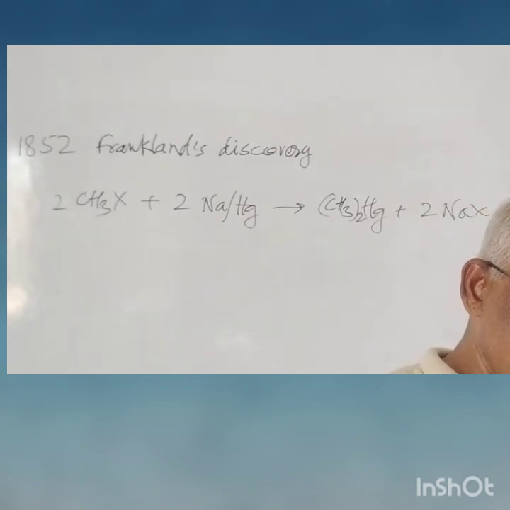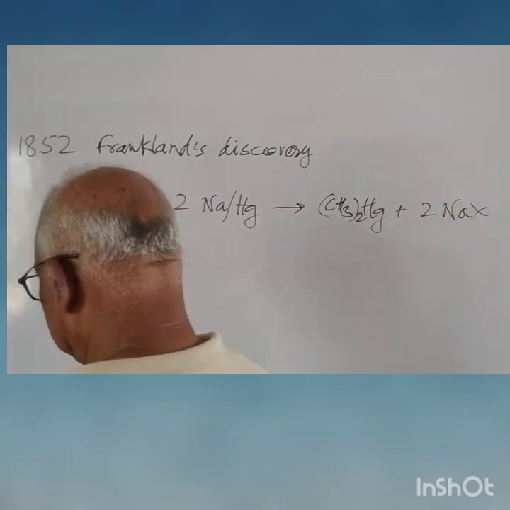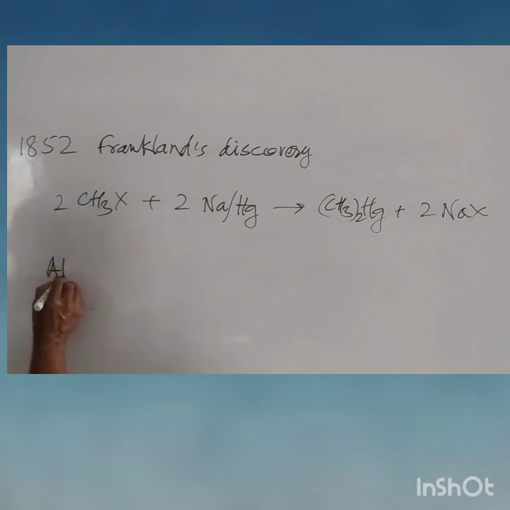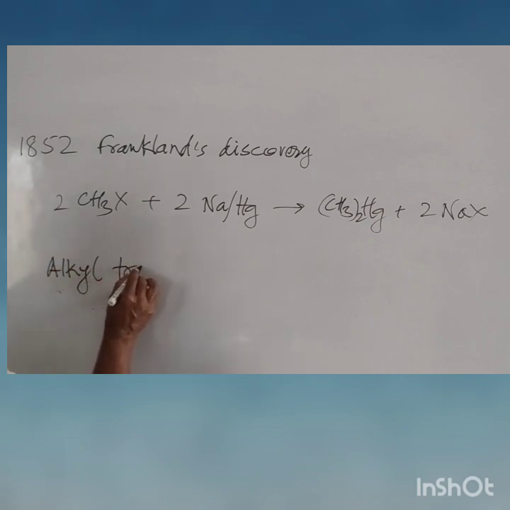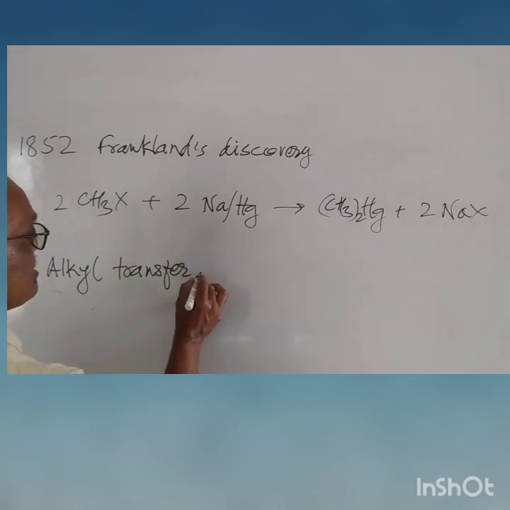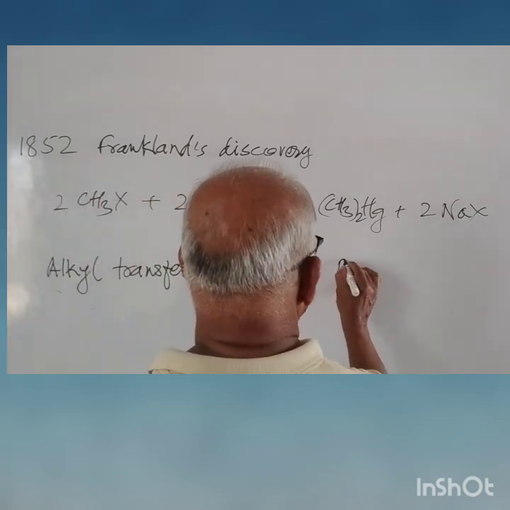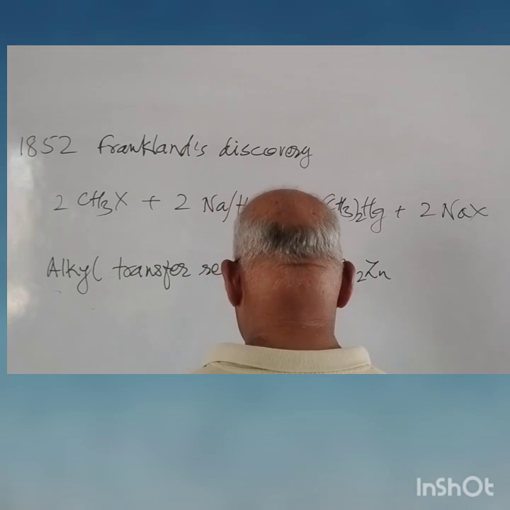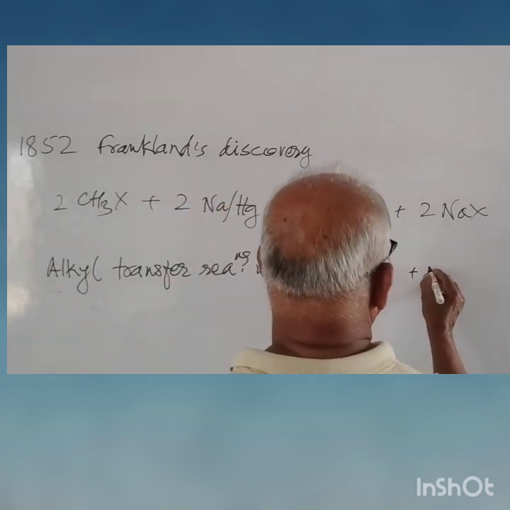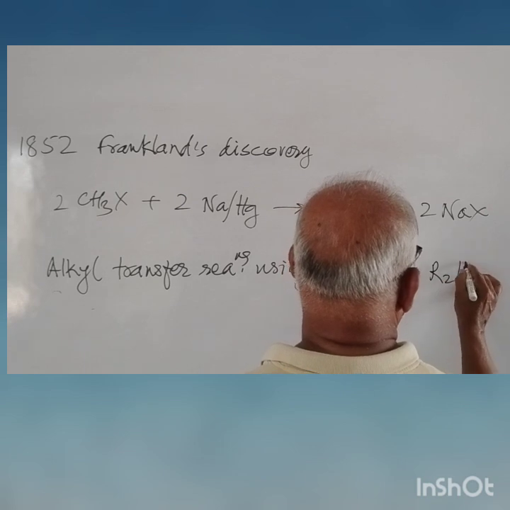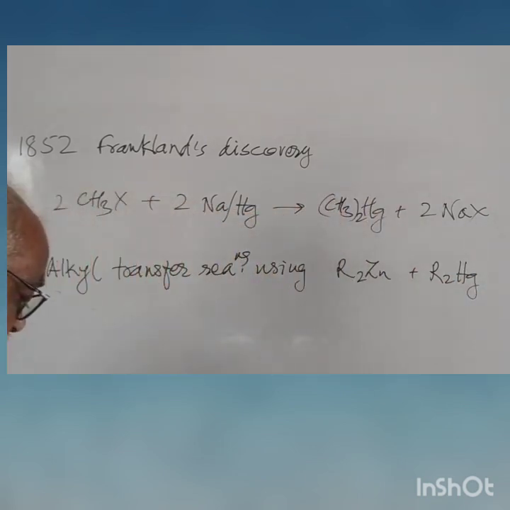Later on, alkyl transfer reactions using alkyl zinc, R2Zn, and organomercury, R2Hg, were used by many scientists in order to prepare main group organometallic compounds.